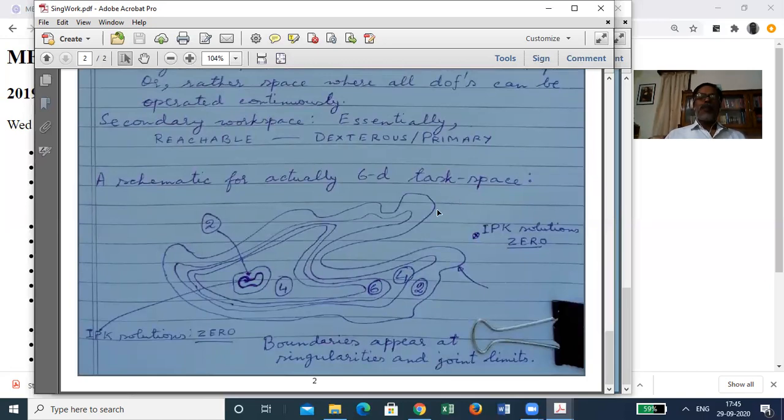And then there will be a boundary inside which it can reach, and every point on this boundary is an extreme reach point for the manipulator. So for example, if I keep my arm folded like this, then wherever my fingertips are, there I should be able to reach in several ways.